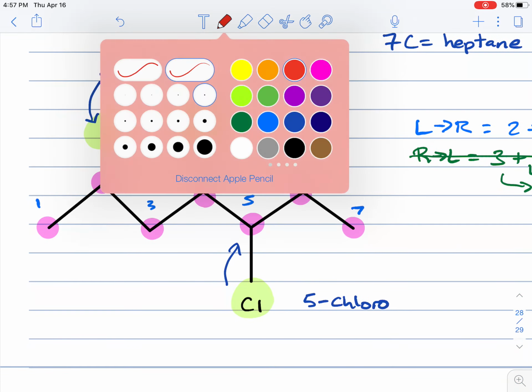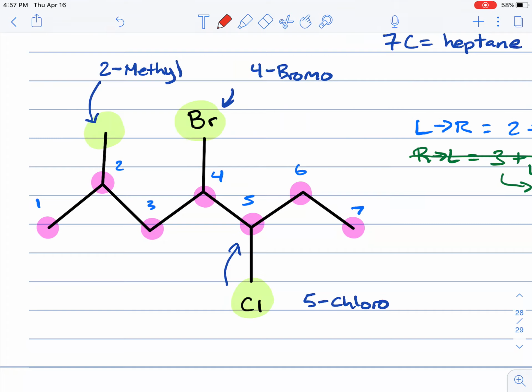So to name this organic compound, all we're going to do is organize the substituents alphabetically. We have C in chloro, B in bromo, and M in methyl. Which of these do you think we're going to name first? Methyl, bromo, or chloro? If you said bromo, then you're absolutely correct.